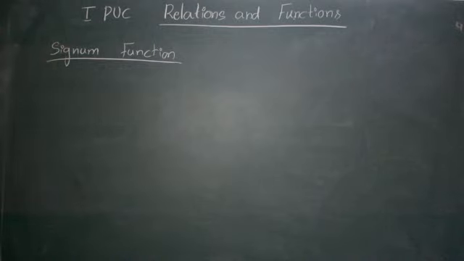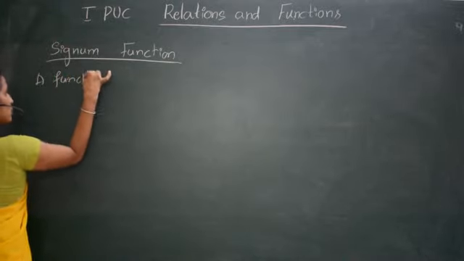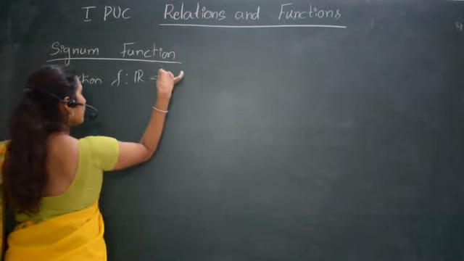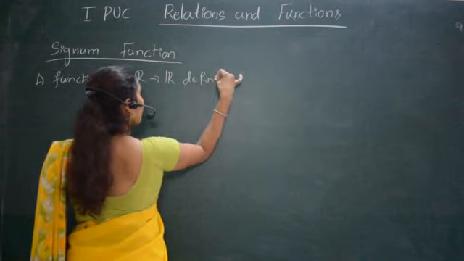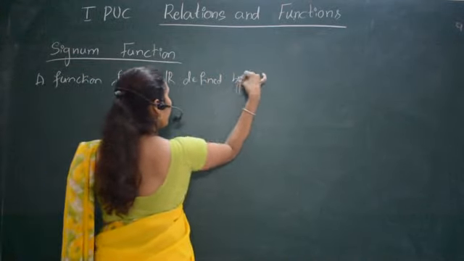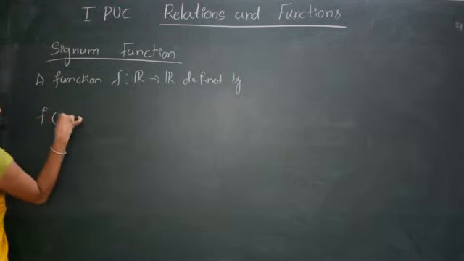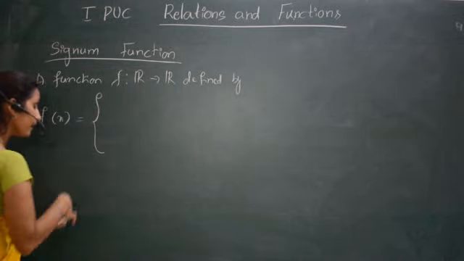A function f from R to R, which is defined by f of x is equal to, it takes three values.